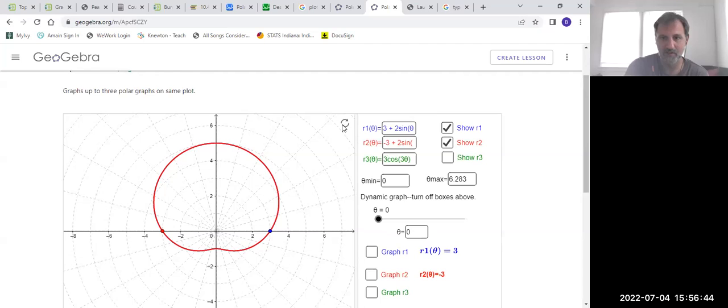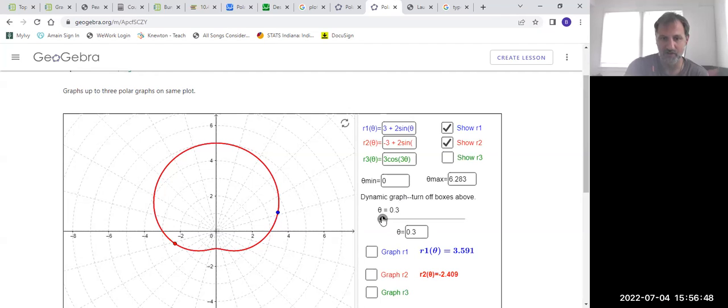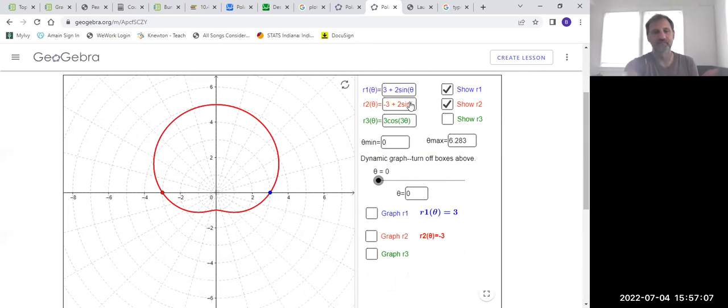Press play. Well, I'll just drag it. As I move this around, they're tracking out the same circuit. They're just doing it at a different time. So it's like there's just been a shift. And if we shifted, say, the red one a little bit forward in time, we would be matching the blue one.